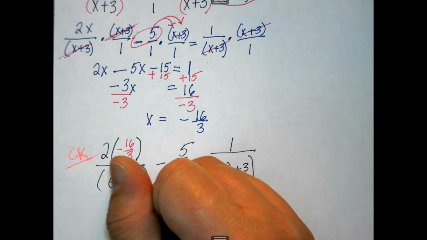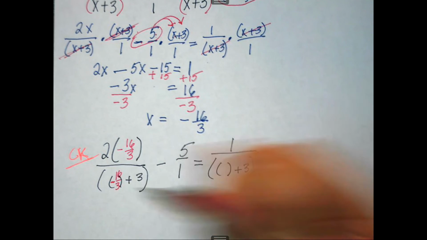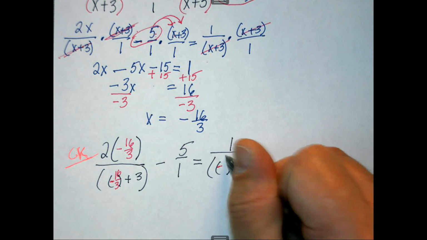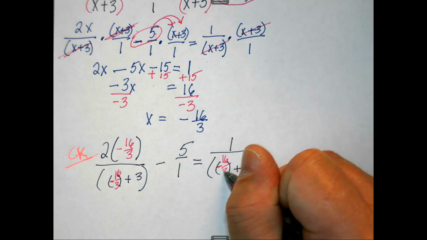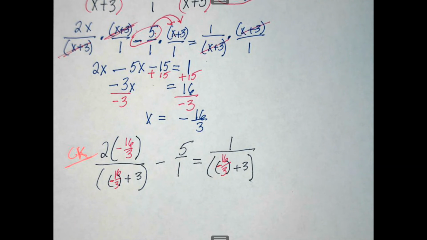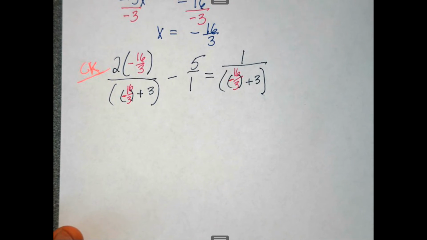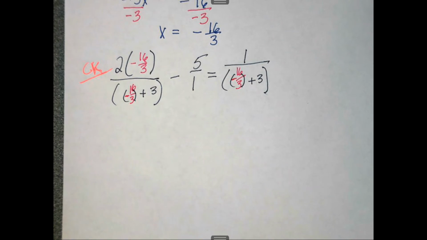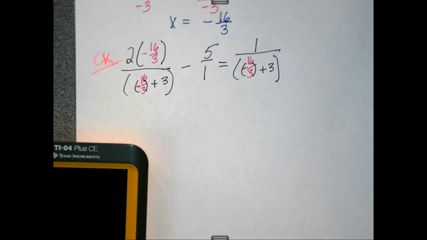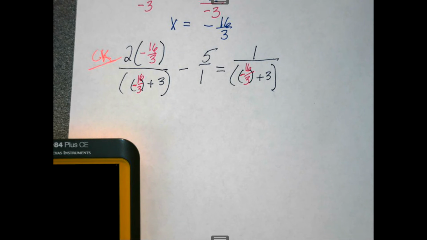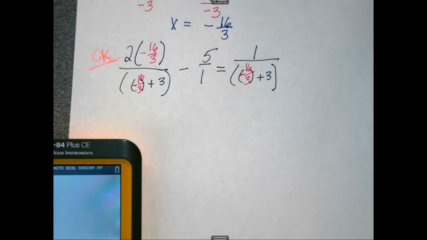Boy, this looks like fun, huh? I think you guys might be sleeping on me. Not sure, but maybe not even paying attention to me. 2 times negative 16 thirds. Hit math, enter, enter.